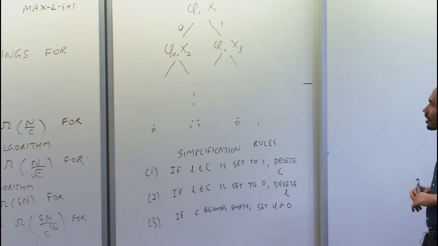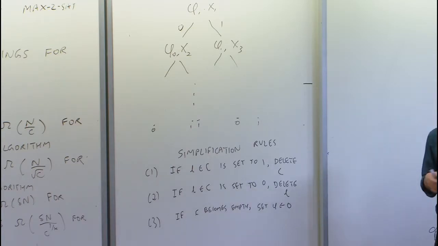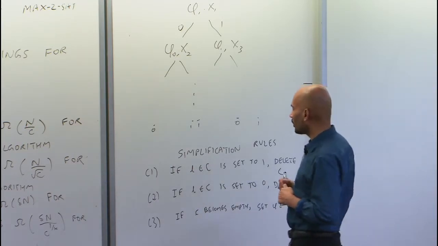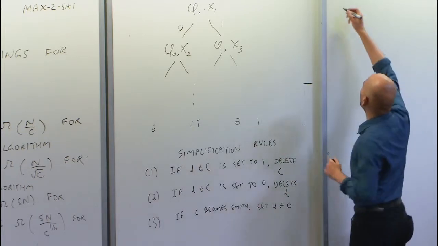This actually gives you savings of omega of n over k for k-SAT, which is the best savings we know for k-SAT up to a constant factor. It's kind of a folklore result.